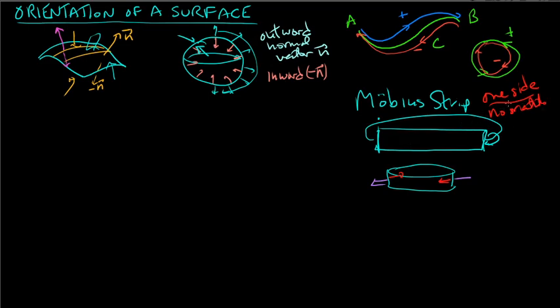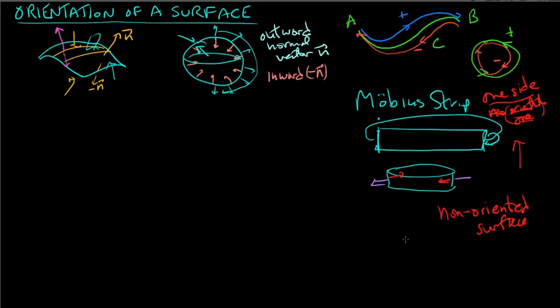Or instead of saying no orientation, we can say it's one-sided. Effectively, it's what's called non-orientable, a non-oriented surface. So the Mobius strip is an example of a non-oriented surface.